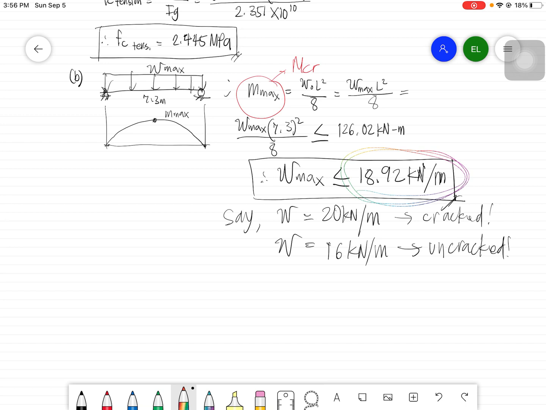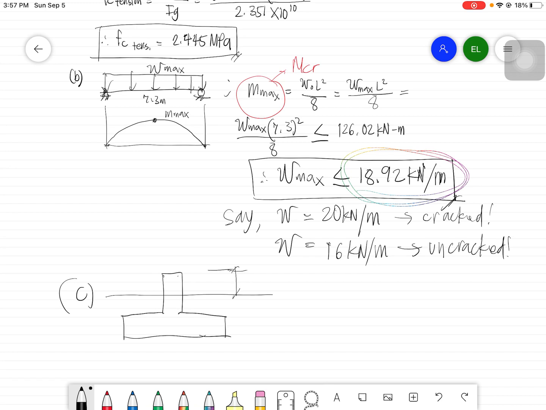Then lastly, for letter C, we'll try to invert the beam. So therefore, the value here, which is y top, will be 529.81.